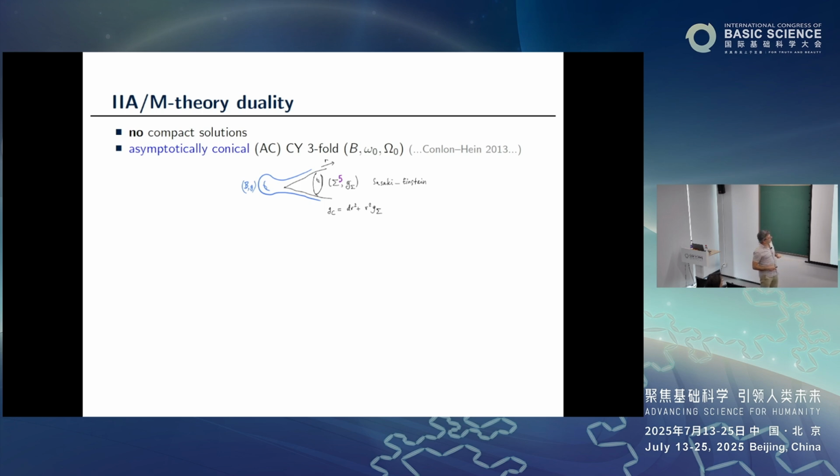There's a very well-developed existence and uniqueness theory by many authors. The final statements on this existence theory for asymptotically conical Calabi-Yau metrics is due to work of Conlon and Hein, but the work starts from Tian and Yau in the 90s, etc.